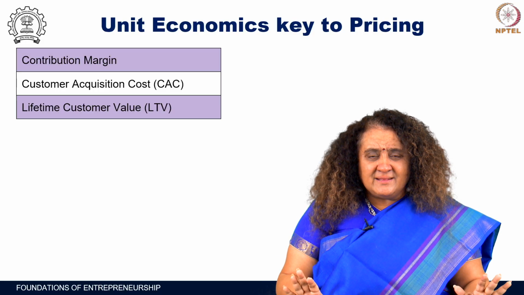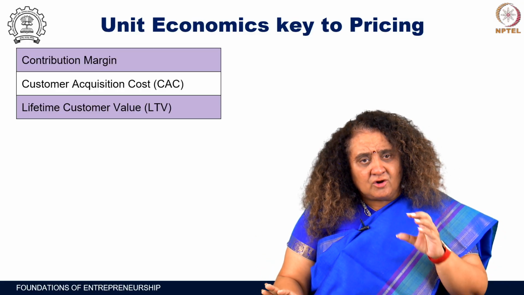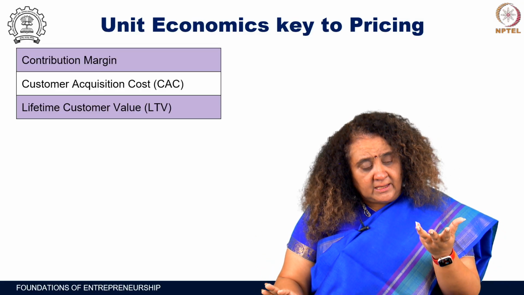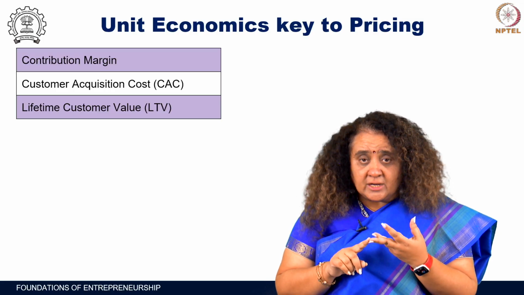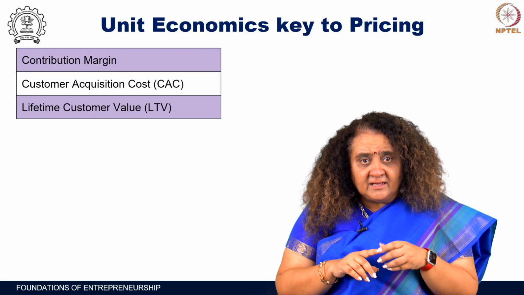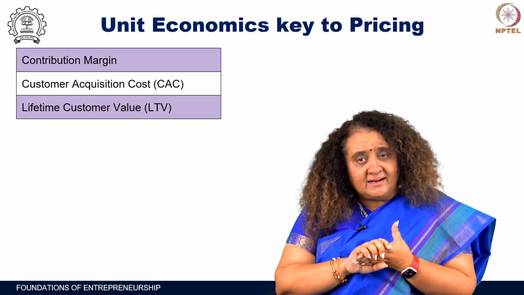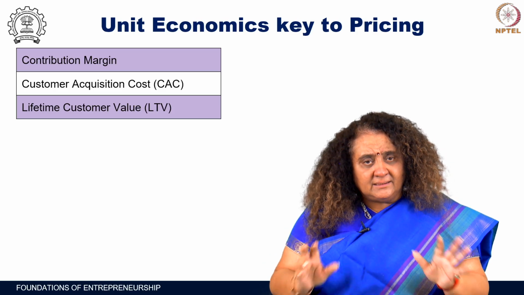I have introduced a new term, but let me say we are making chai. If we are making chai and it costs us, like I did for a cookie, I can quickly do for chai. We need milk, we need sugar, we need chai patti, might need some masala or ginger or whatever. I need a cup. If I am selling in a paper cup, then I need the cup.